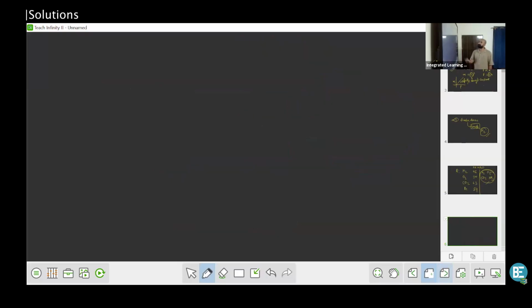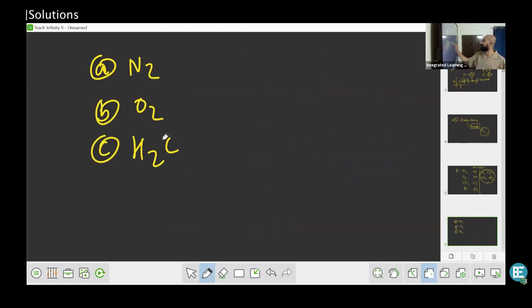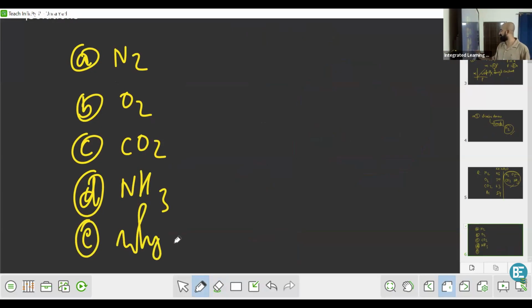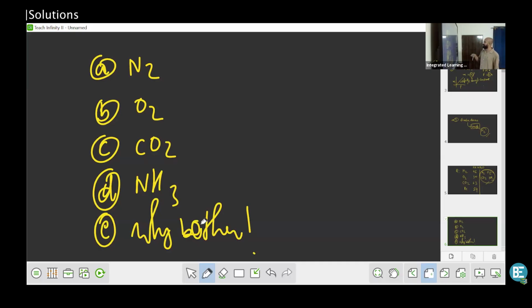Okay, let's take a first gas is N2, second gas is O2, third gas is, let's make it a quiz. CO2. Fourth option is NH3, sorry, ammonia.